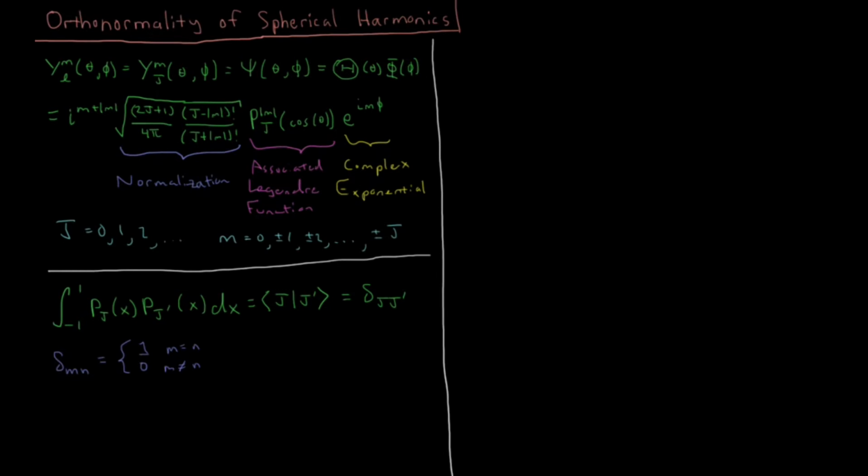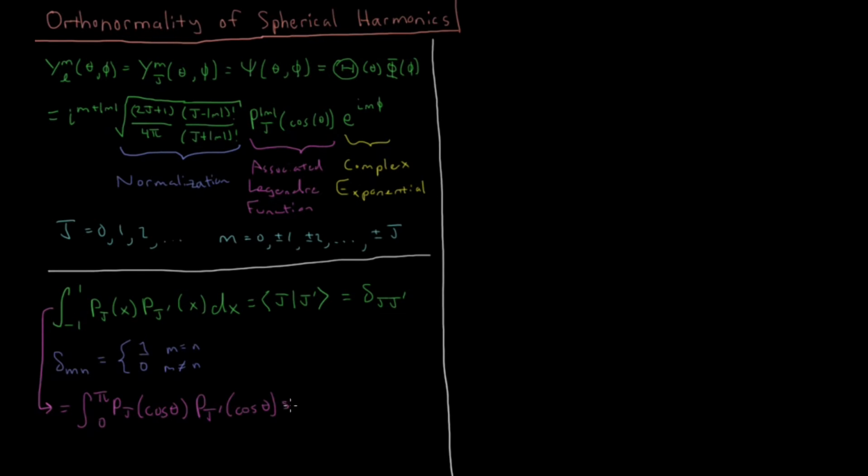Okay, so that's nice, but how does that relate to what we've got here? Well, this integral that we've got up here is also equal to the integral from 0 to pi of P_j of cosine theta times P_j prime of cosine theta, because the cosine of pi is minus 1 and the cosine of 0 is 1, so putting in cosine theta is the same as integrating x from minus 1 to 1, which is the same as integrating cosine theta from 0 to pi.